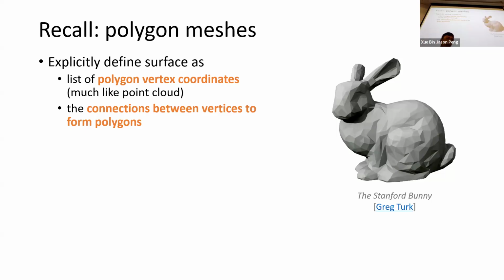Each one of these little polygons will be an approximation of what the surface of that object looks like over that small patch. And on the right, we have an example of the first polygon mesh that was constructed in computer graphics, which is called the Stanford Bunny.